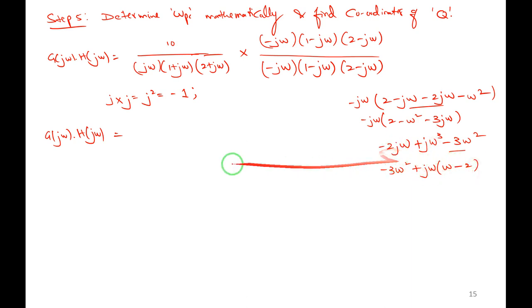So let me write in the numerator what I am getting. I have multiplied the entire thing, but this 10 is there. Keep it, right? This 10 has to be kept. So 10 into minus 3 omega square plus j omega into omega minus 2.